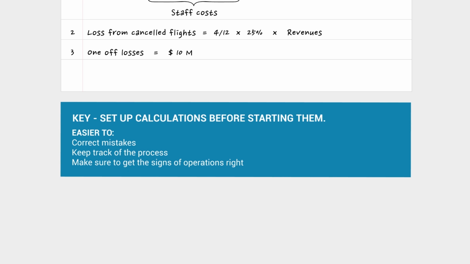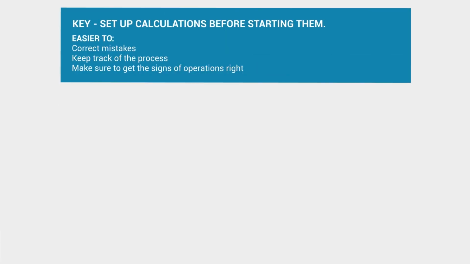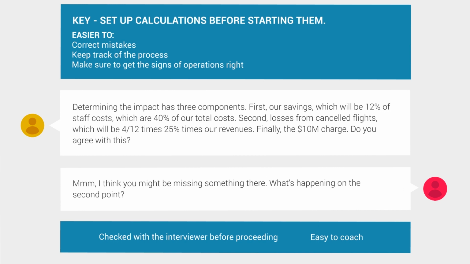Setting up calculations in advance makes it easier to correct mistakes, keep track of the process, and to make sure that the signs of operations are correct. Crucially, our candidate remembered to check with the interviewer before proceeding to perform calculations, effectively avoiding a mistake and coming up as an easy-to-coach prospective consultant.